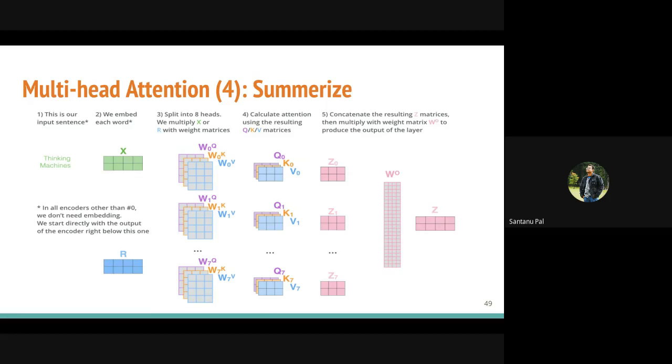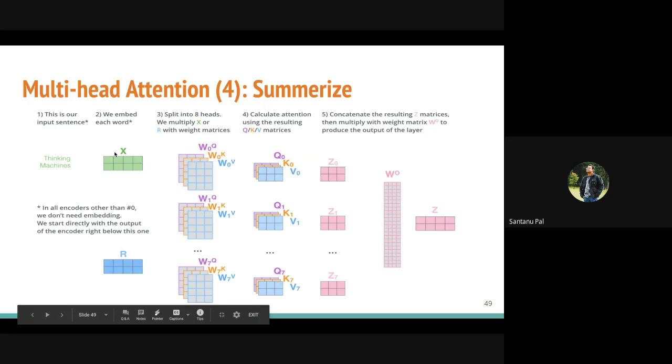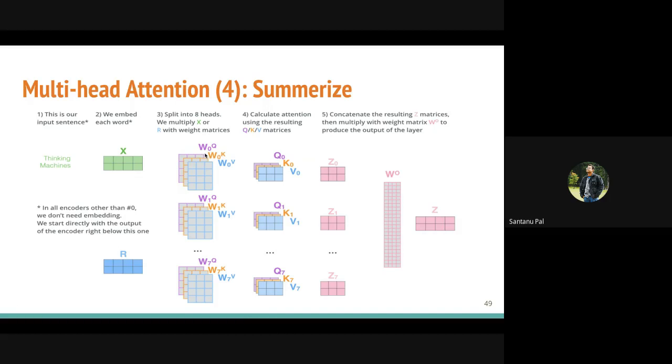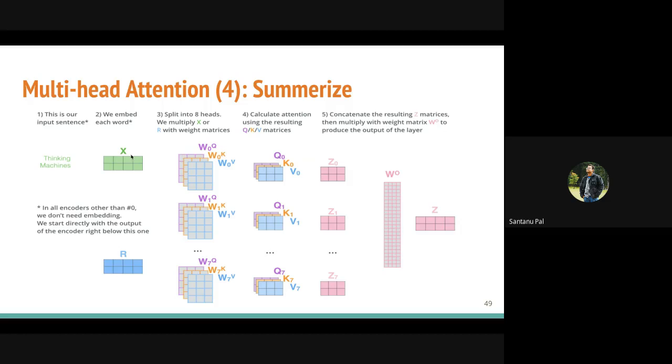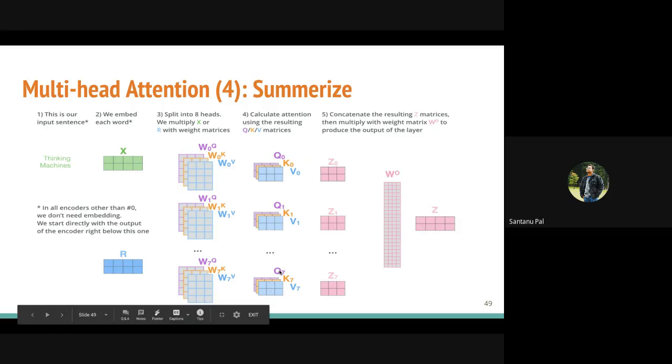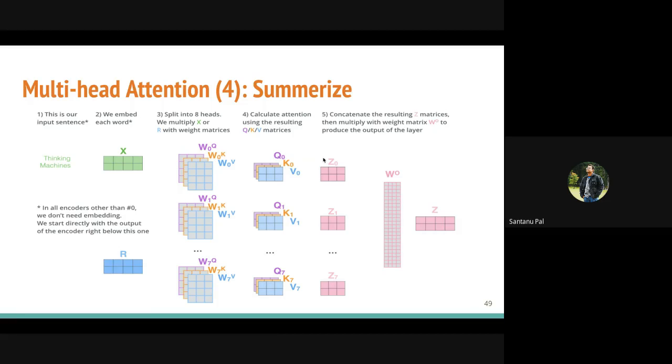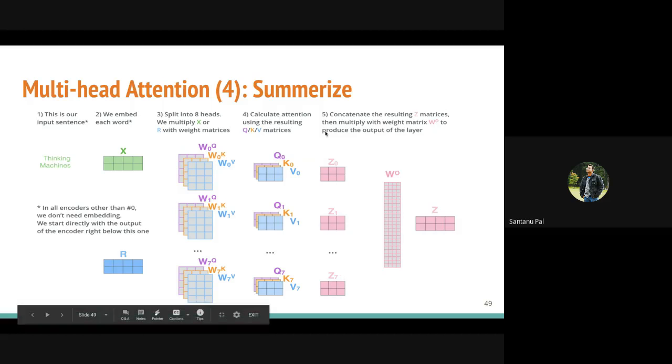Now to summarize: first we have the input sentence, we have embeddings of this input sentence, and then we have different heads, in this case 7 heads, and we multiply the input matrix to make these 7 query, key, and value sets. From query, key, and value, we get self-attention representations, 7 different ones, one per head, Z0 to Z6.